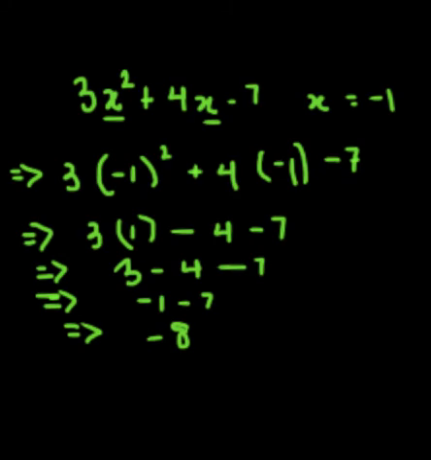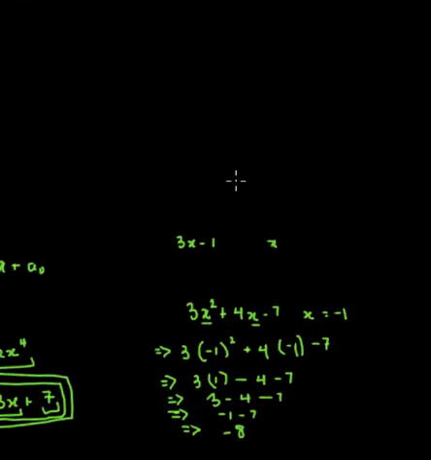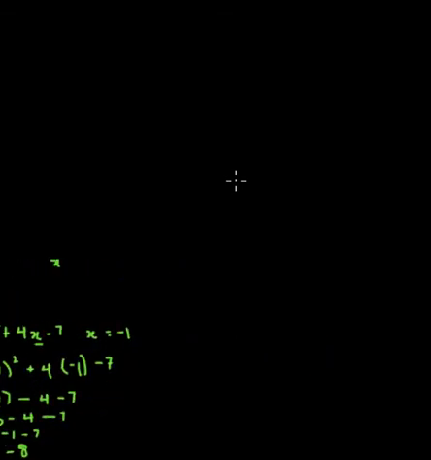There are also times where the expression has more than one term. It can have 2, it can have 3, it can have 4. So we're going to look at an example where you need to evaluate an expression with 2 variables.